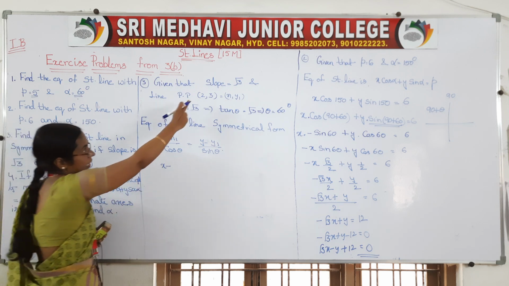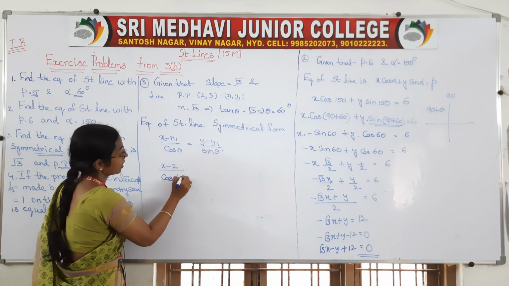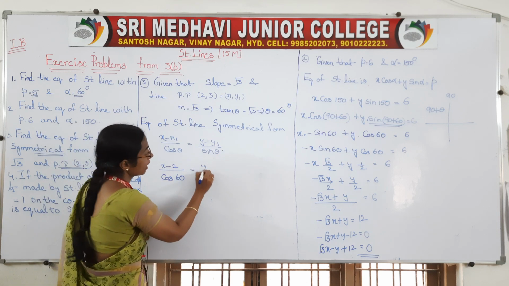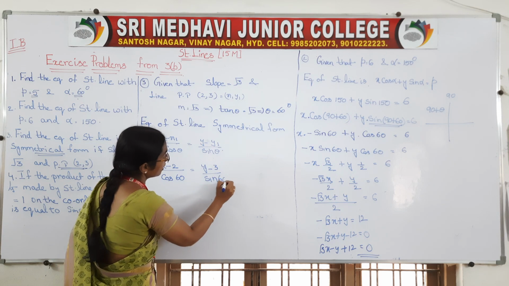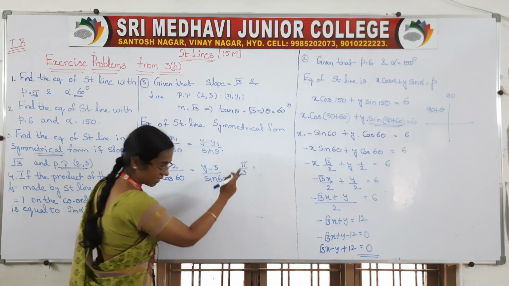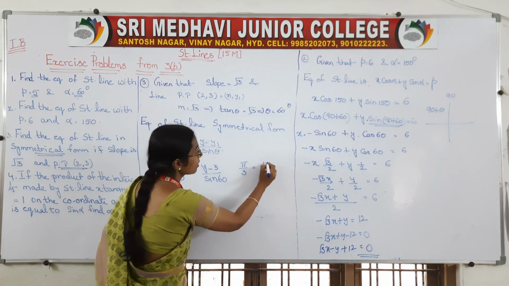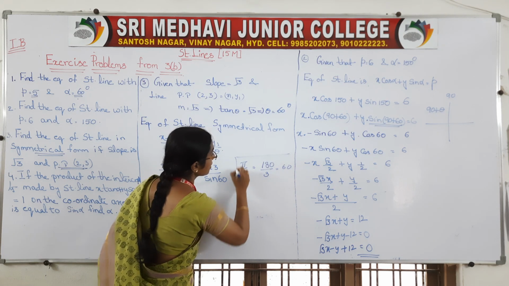(x minus 2) by cos 60 is equal to (y minus 3) by sin 60. That's all. So actually we can write this as pi by 3. How? 60 as pi by 3. Pi means 180, 180 by 3 is equal to 60.